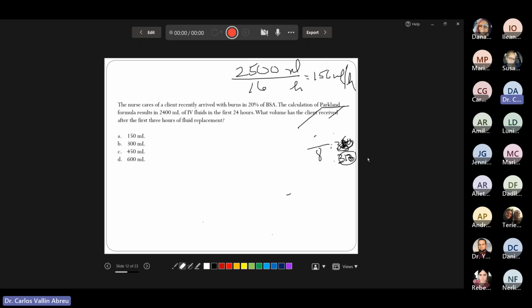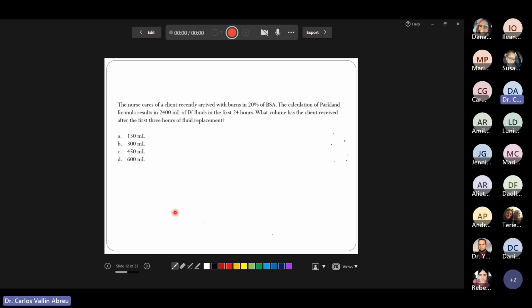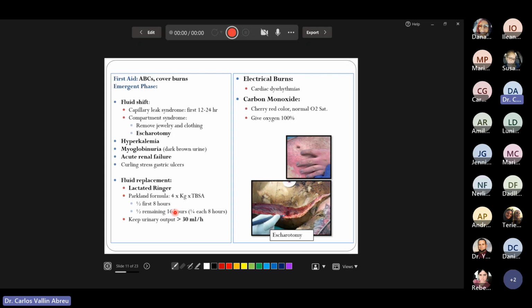The Parkland formula. So don't waste your time memorizing the Parkland formula, even if it's so easy to memorize. But the question that I've been observing in English is the practical approach, the role of the nurse.